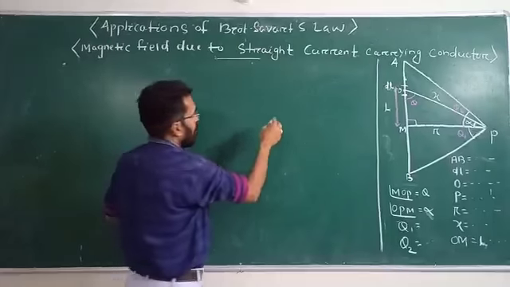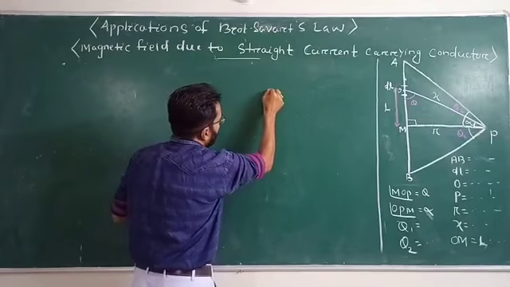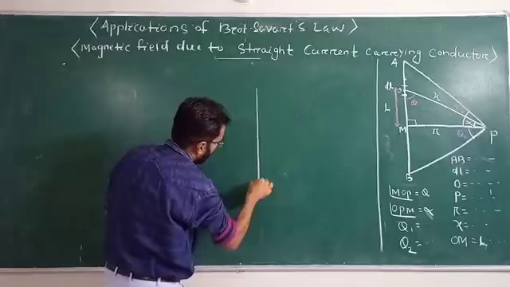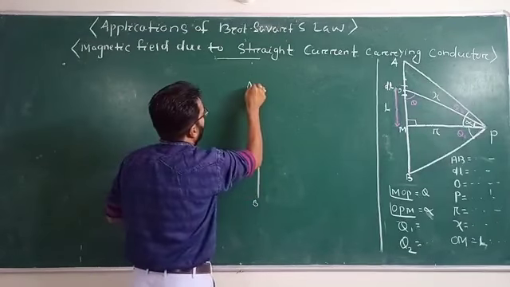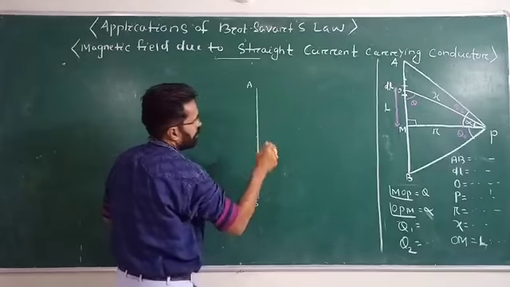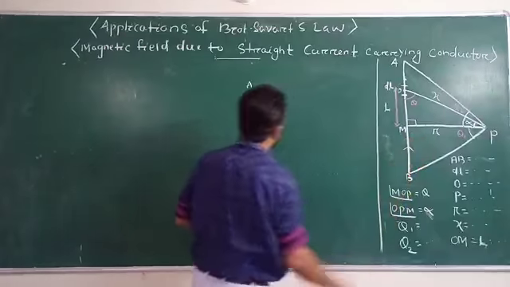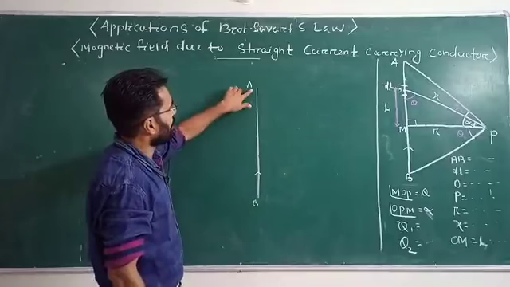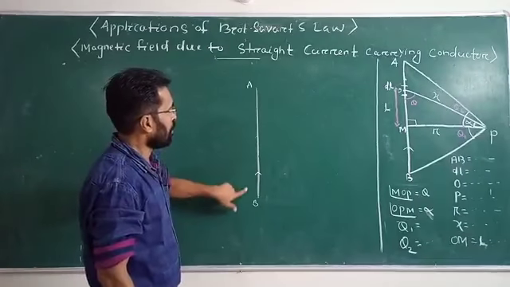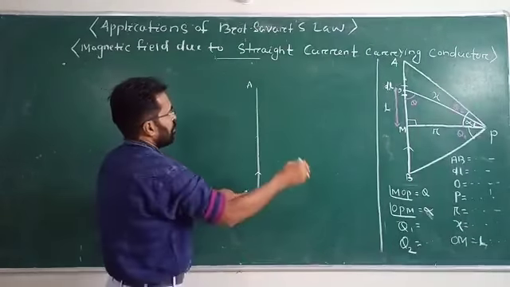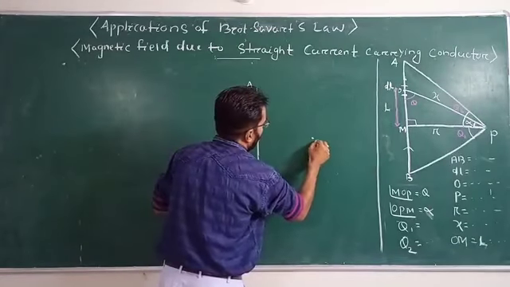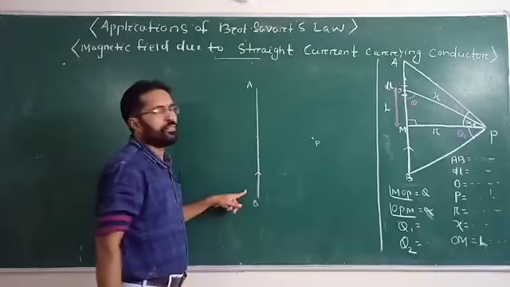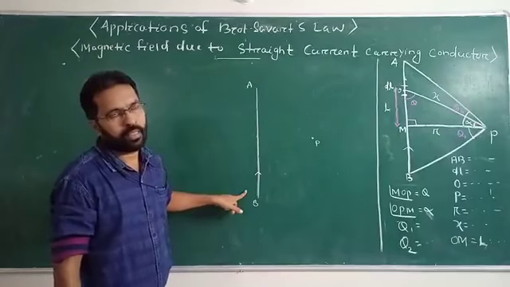Okay students, let this be your AB, a straight current carrying conductor. This is the point P where you intend to find out the intensity or magnetic field.